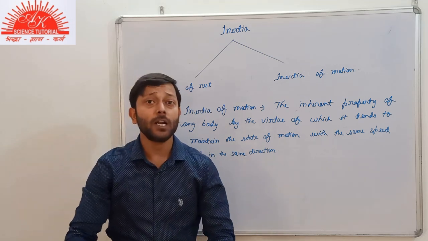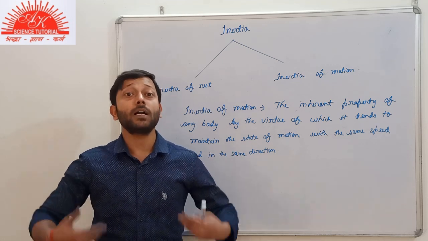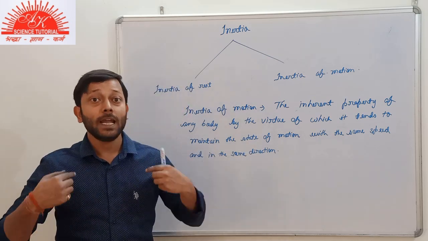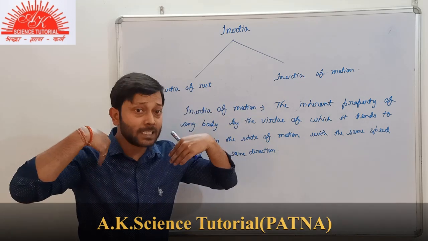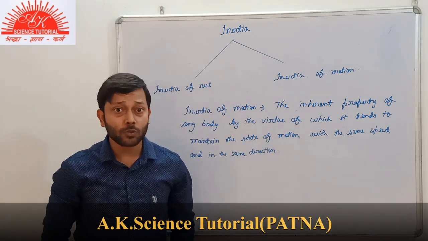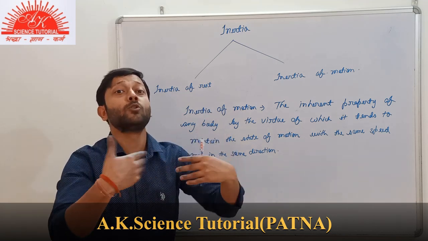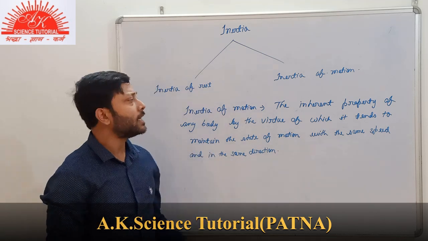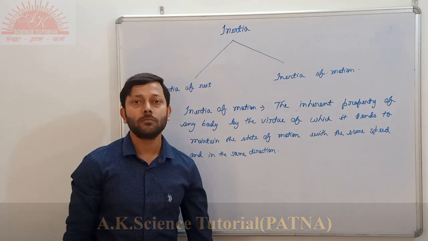The force is applied to the legs, and as a result they come to rest instantly. As a result, the lower part comes to rest, but the upper part still tends to be in motion. As a result, we fall down. So I think that with the help of these examples, your concept of inertia of rest and inertia of motion must be clear.